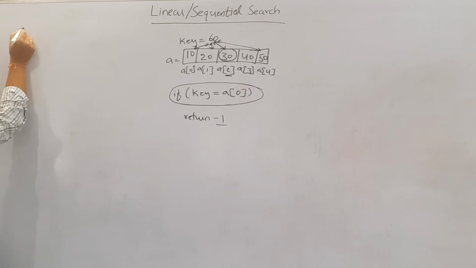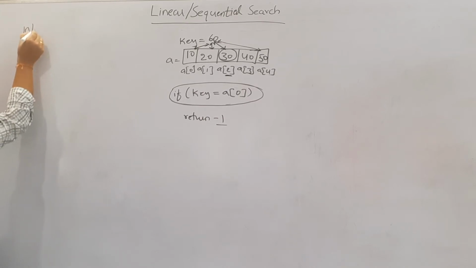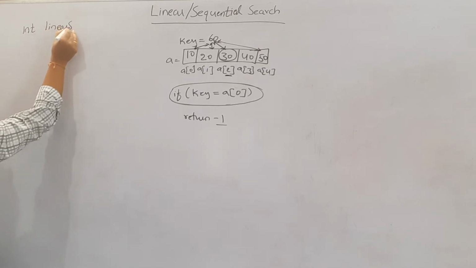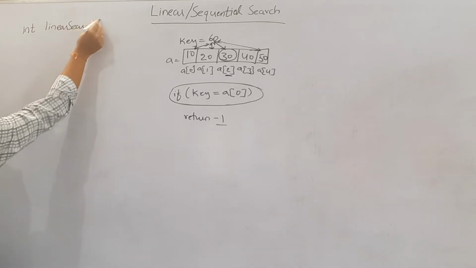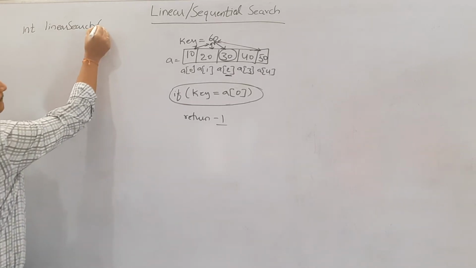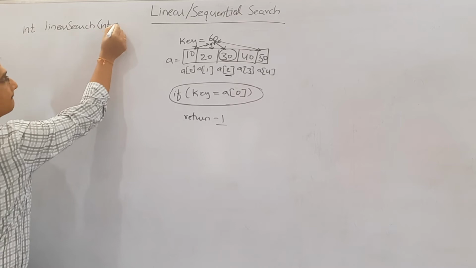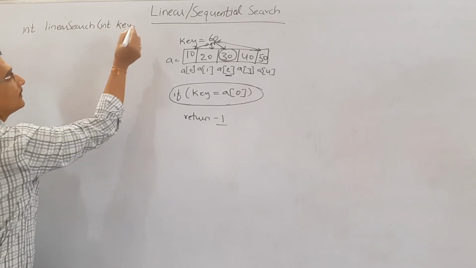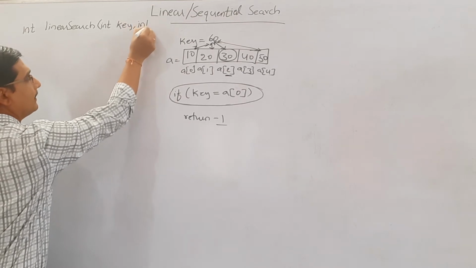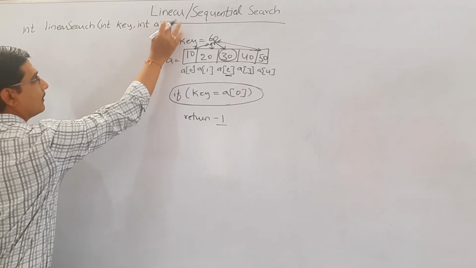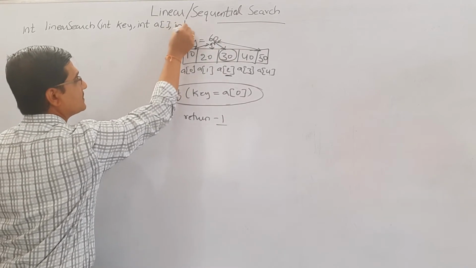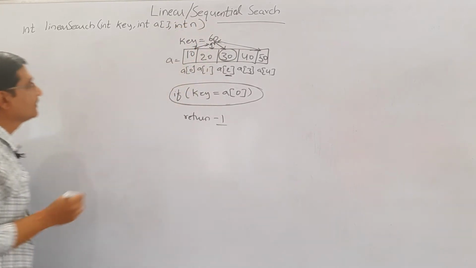So, the returned value of this function will be an integer: int linear search. What are the parameters we need to pass to this? They are the key, an array, and then the number of elements in the array.